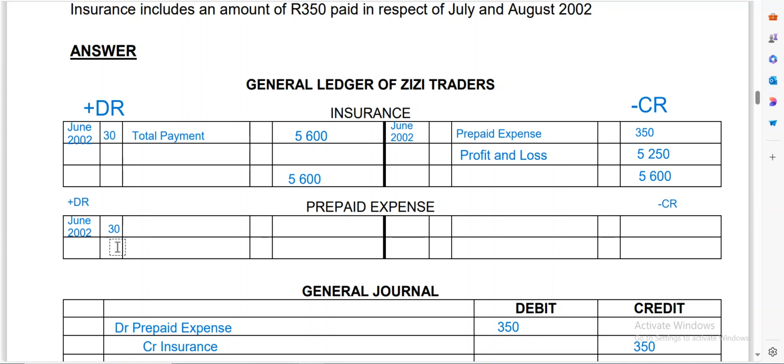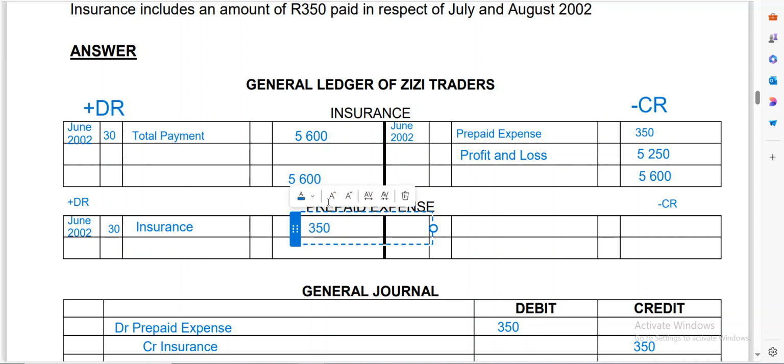Please remember that. So now insurance was credited by prepaid expense, so prepaid expense must be debited by insurance. Remember, contra account, so we'd have our insurance here, and then the amount for that prepaid expense is 350, so that 350 will come here.